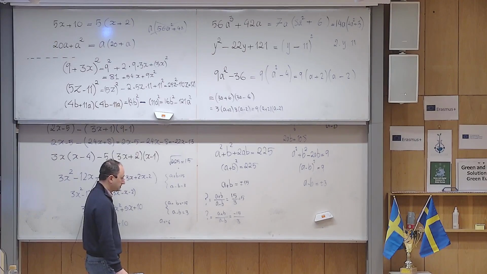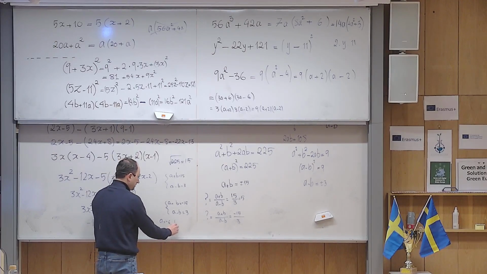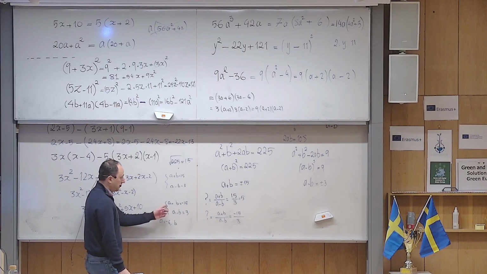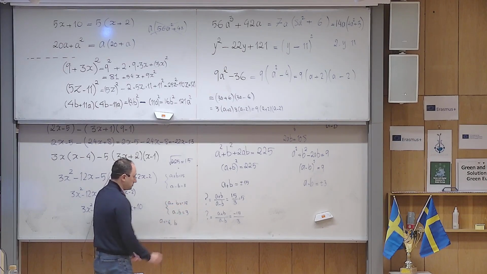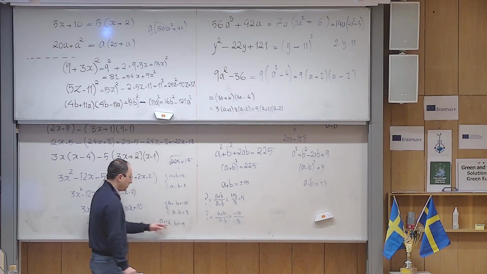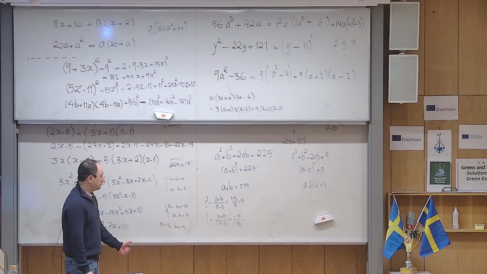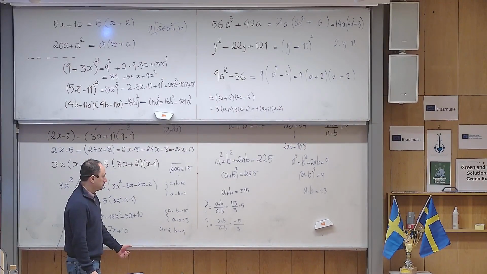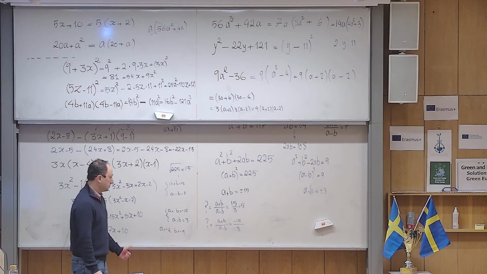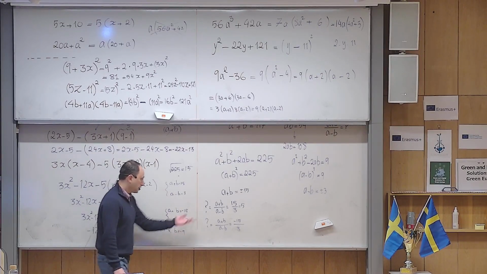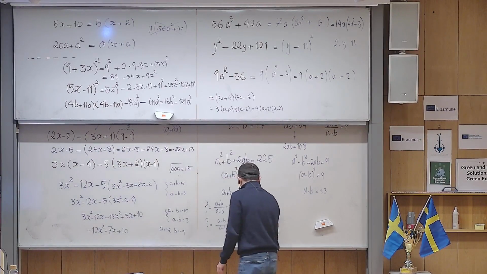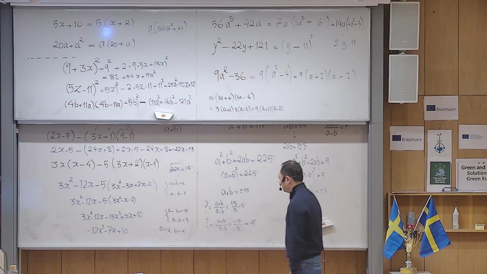And then what happens for B? If A is minus 6, B is minus 9. Is it also possible? Yes, because it's still the product. So that's also possible. So one possible answer is minus 5 as well.